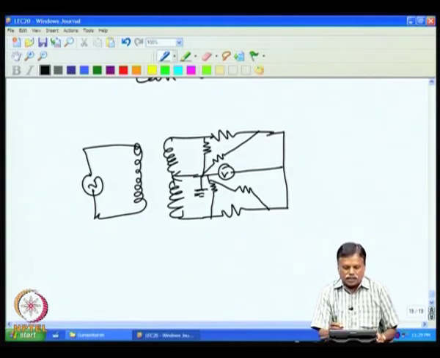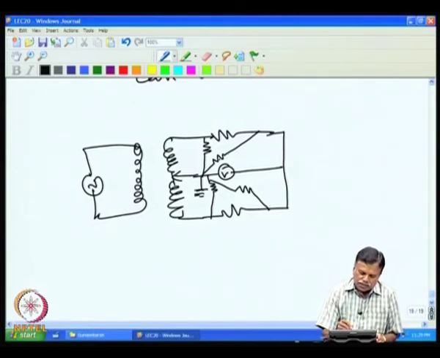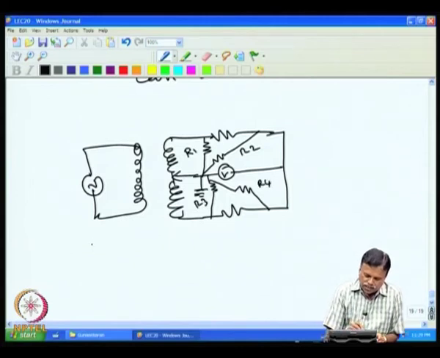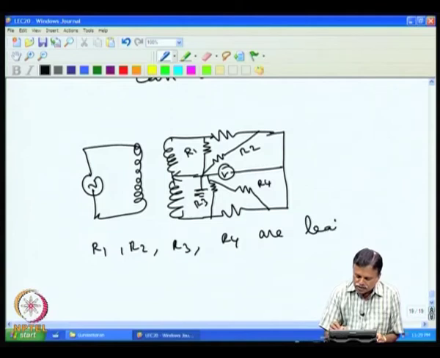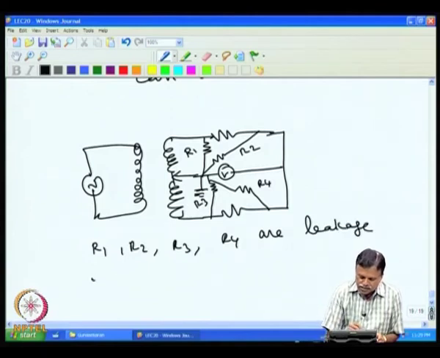These are the 4 leakage resistances that are possible, which I will call R1, R2, R3, R4. So R1, R2, R3, R4 are leakage resistances.